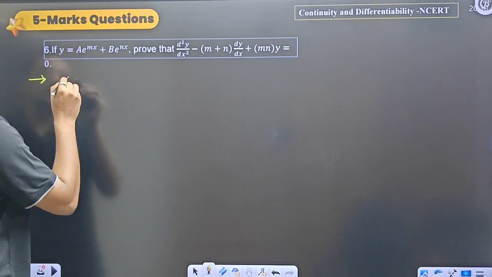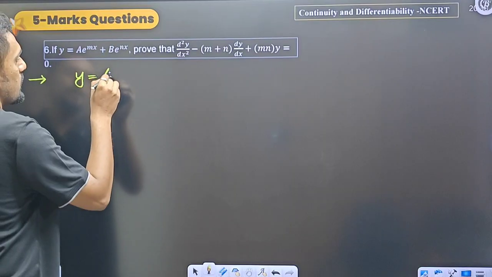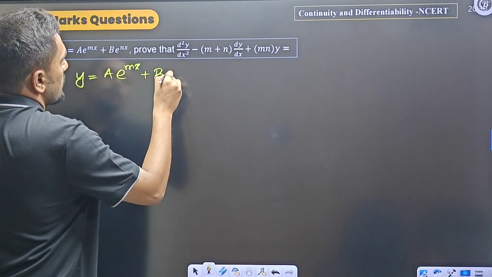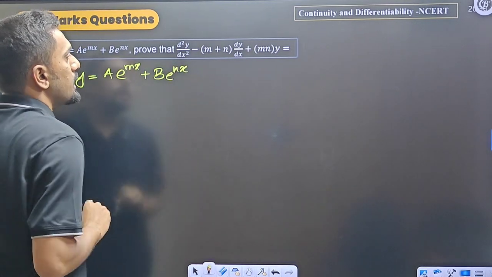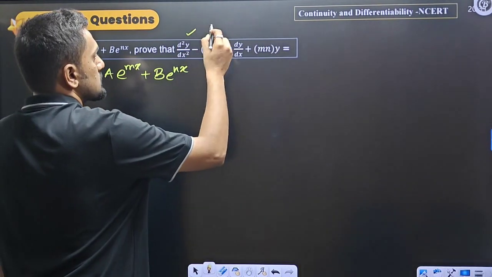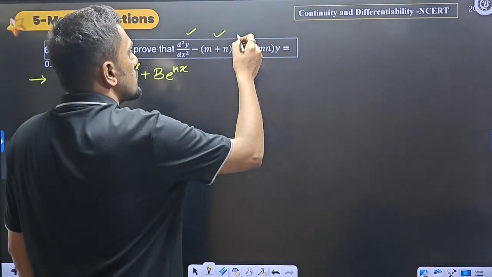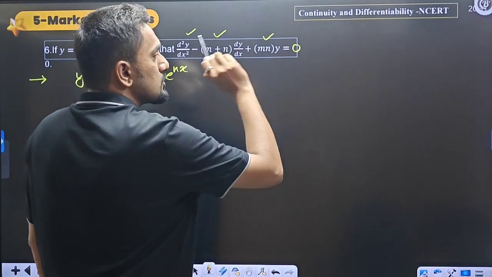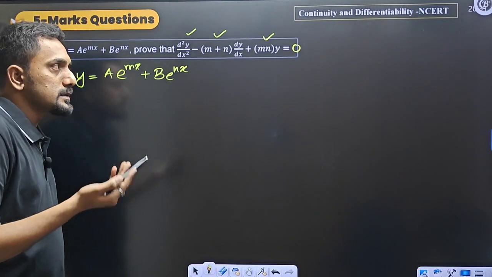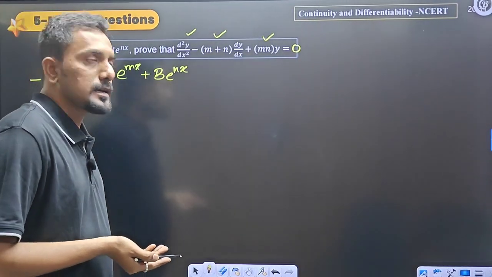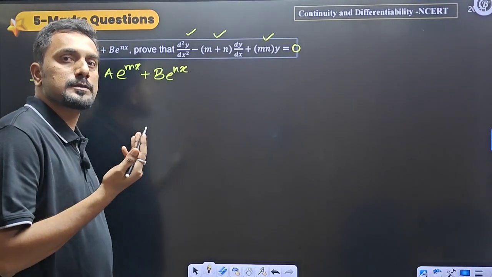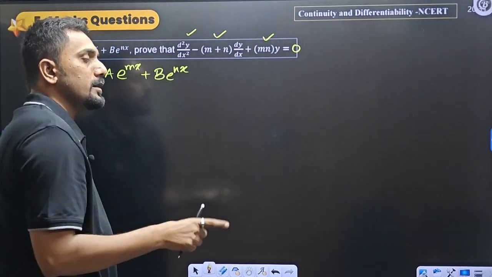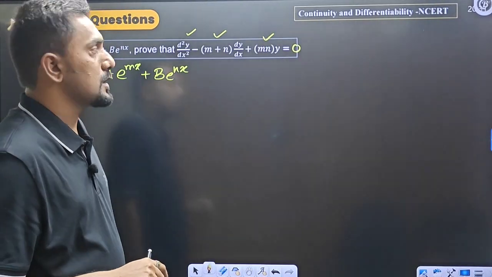Here in this question he has given that y is equals to a e raised to mx plus b e raised to nx. I need to prove d square y by dx square minus m plus n into dy by dx plus mn y is equals to 0. Since we have to prove it equals 0, all the terms will definitely cancel. If we keep that in mind, we can solve this question easily.